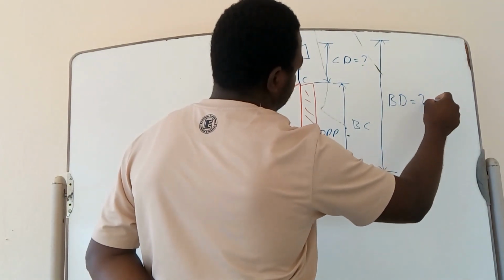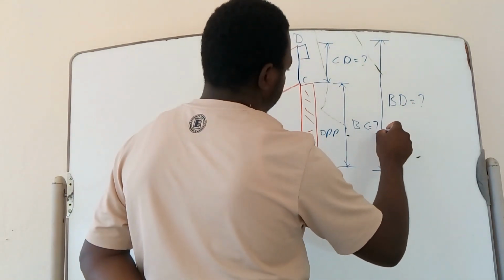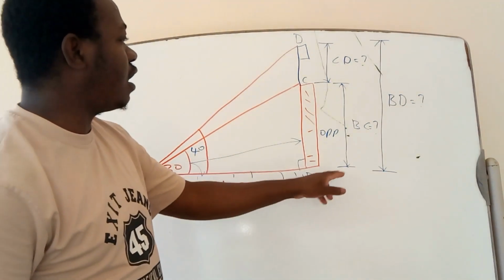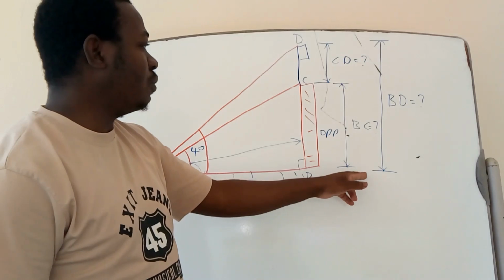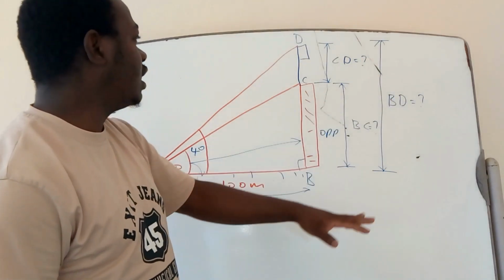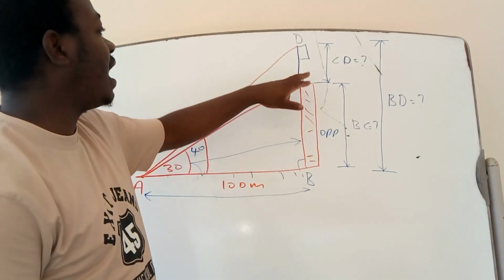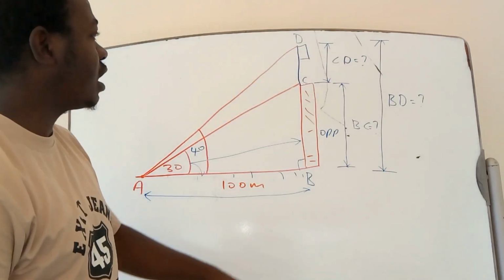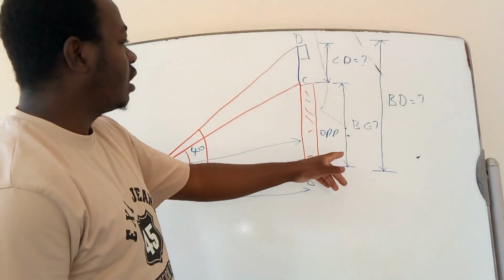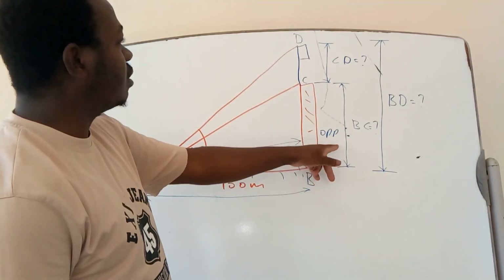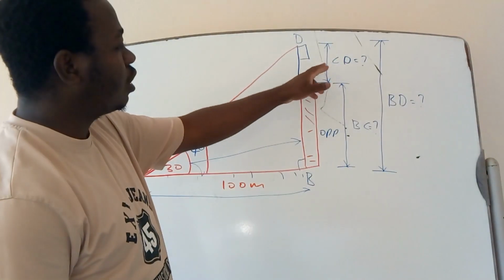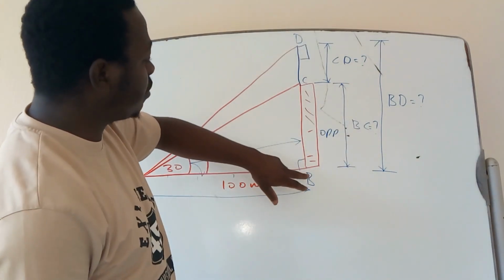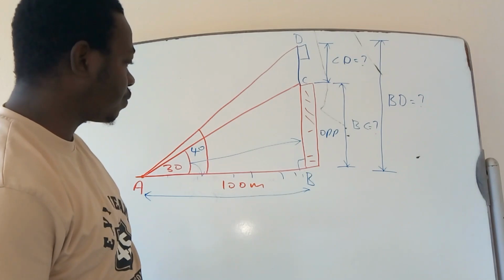Now if you notice, if we determine the height of BC and determine the height of BD, then we can go ahead and find the height of the flag, which is CD. Because the height of the building plus the height of the flag would give you the height of this entire BD here.